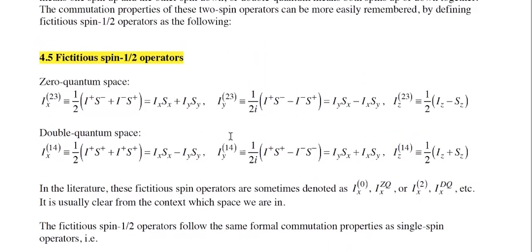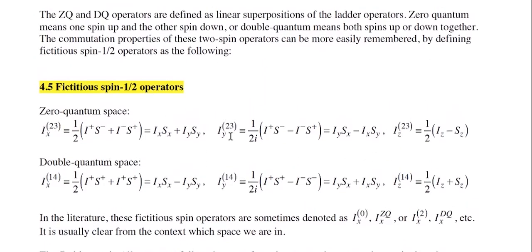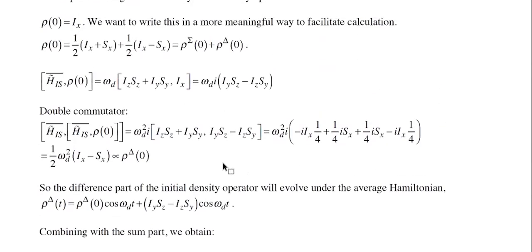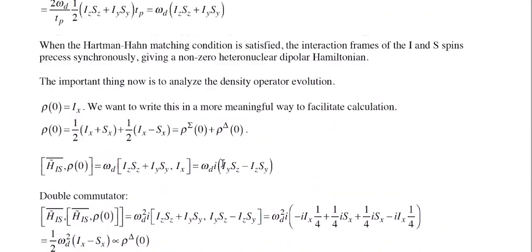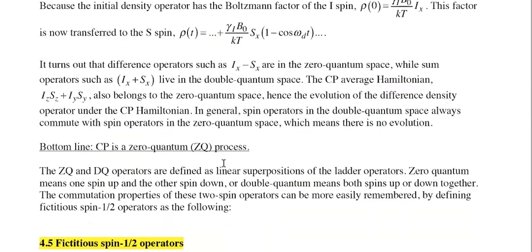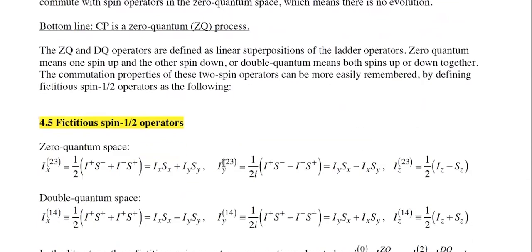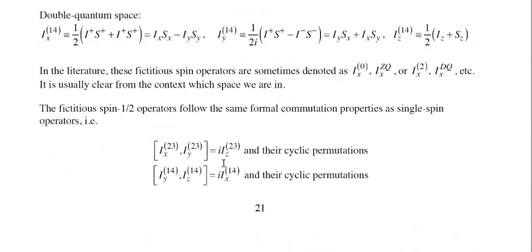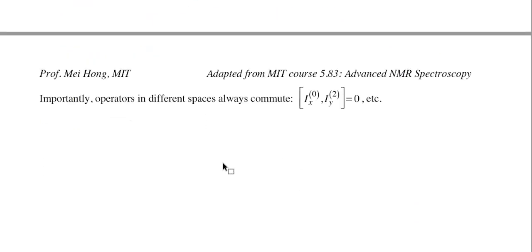If you are familiar with this, then you can start to see some of the CP average dipolar coupling Hamiltonian. Things like IZSZ plus IYSY show their face in terms of these fictitious spin 1/2 operators. Actually, you still have to do a rotation, but there's some amount of insight that one can get.